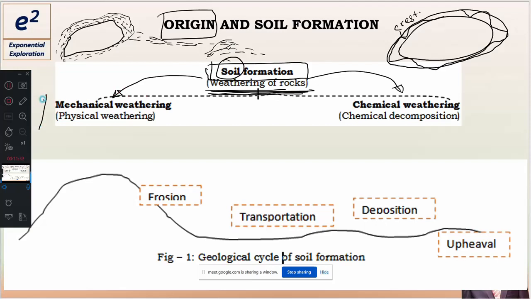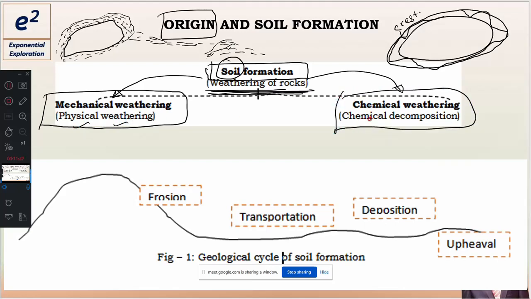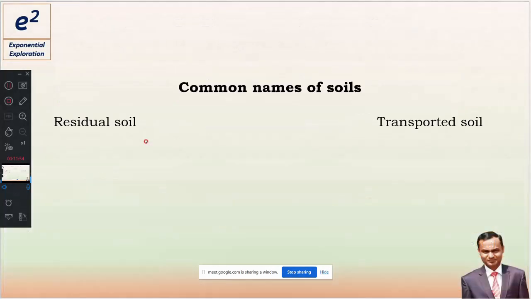The first is mechanical weathering or physical weathering. The second is chemical weathering. Chemical weathering means chemical properties or chemicals are the main cause of the weathering, and physical weathering means physical activities are the main cause.